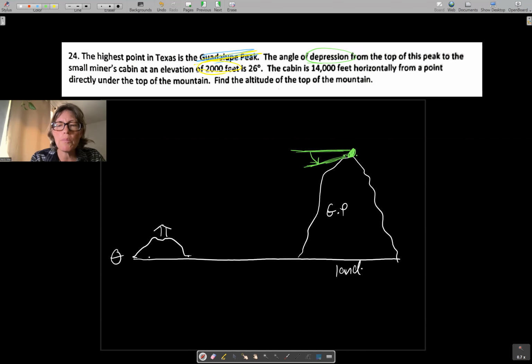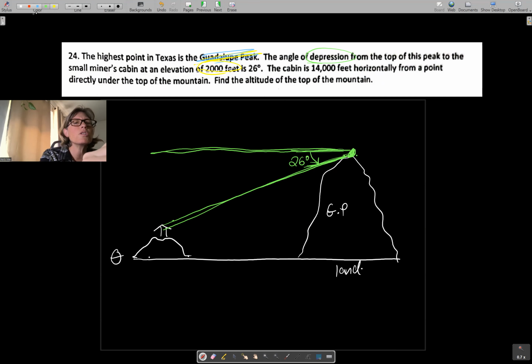So from the top to the miner's cabin, that angle of depression is 26 degrees. Additional pieces of information, you are already told that the cabin itself is 2,000 feet in elevation.